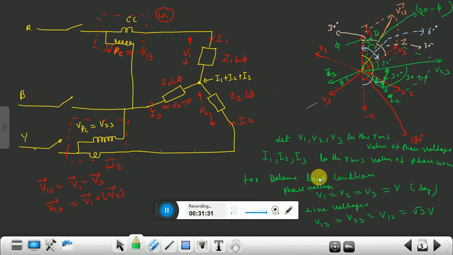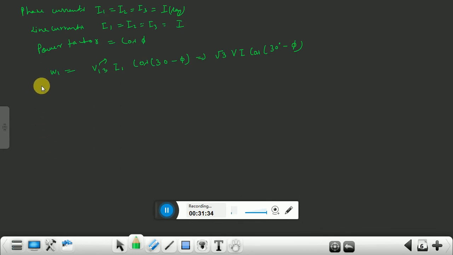So wattmeter 2 reading is V23, and here we get I2 and angle is cos 30 plus 5.